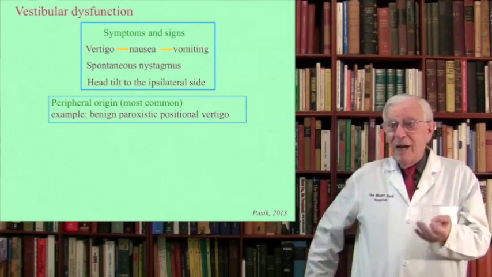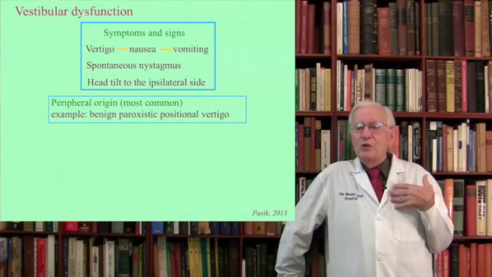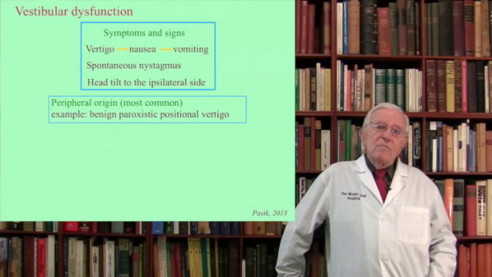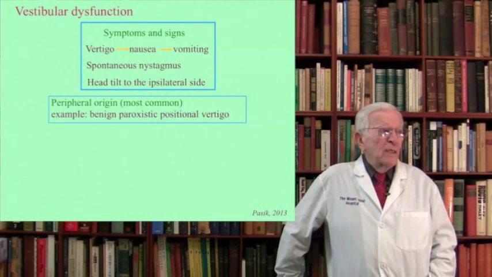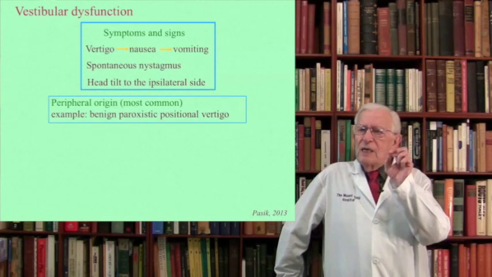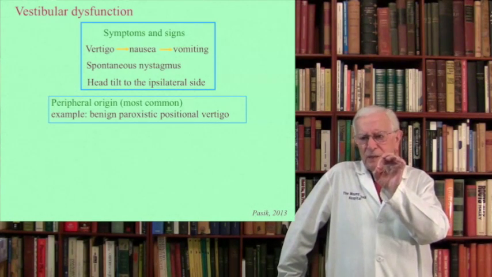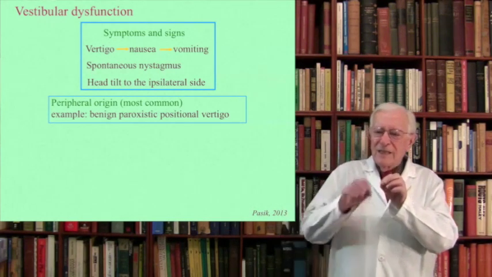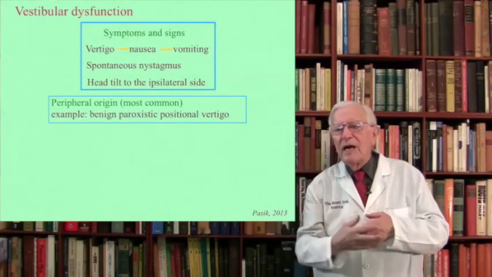All right? These are actually hallucinations. They are things that do not exist, and you perceive them that way. What is benign, and most probably, I think almost 100% at this point, is due to the fact that sometimes there is debris from the macula of the otolithic organ, including some otoconia, that gets dislodged from the utricle and comes into a canal.